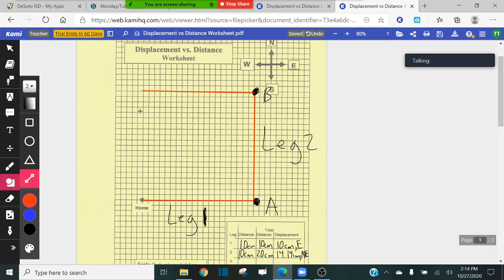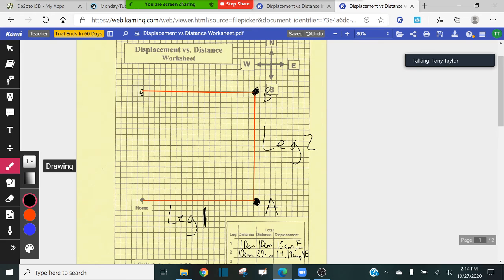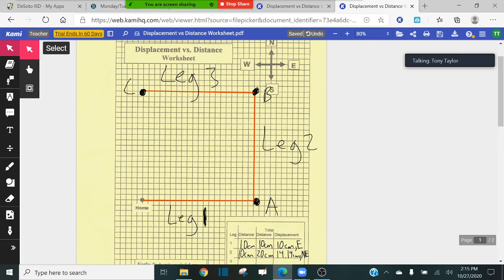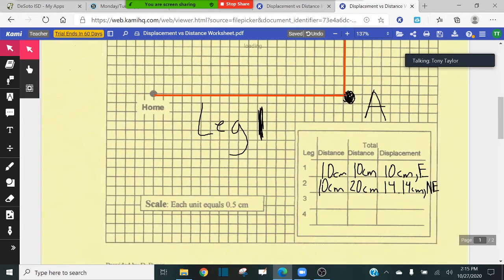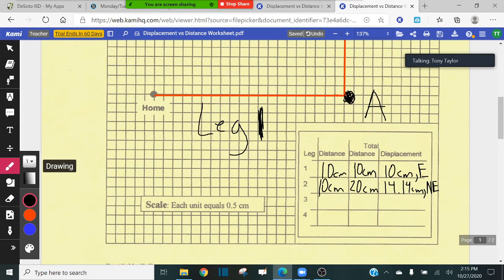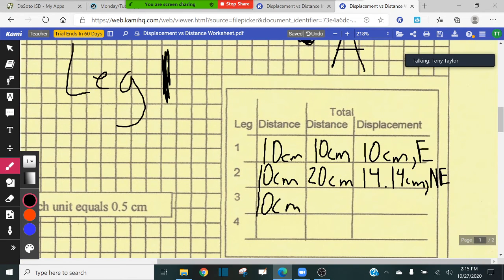Yeah, looks pretty good. So we're going to mark this point C, and we're going to call this leg 3. The length of leg 3, in other words the distance of leg 3, is just 10 centimeters. Someone tell me, what is the total distance we traveled since we started our journey? Yep, 30 centimeters.